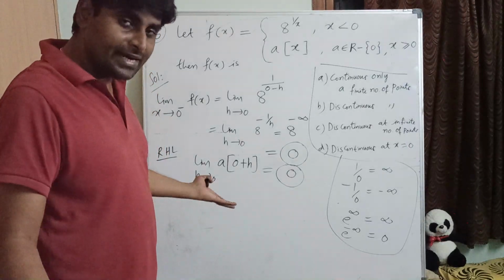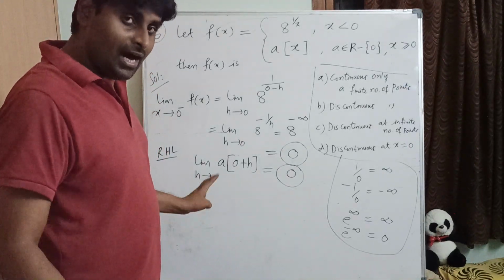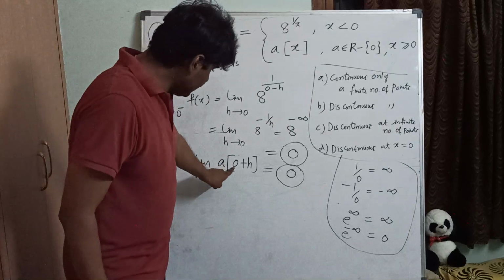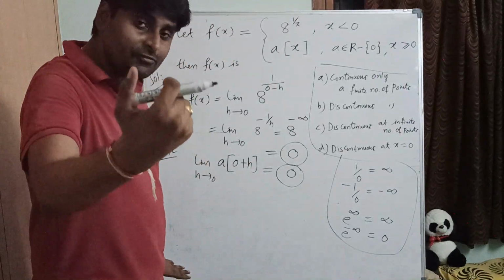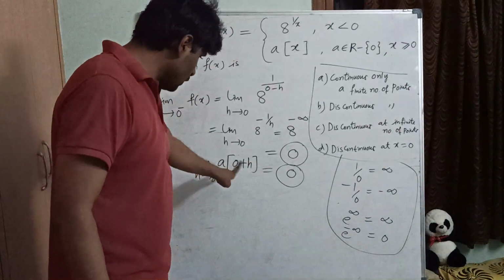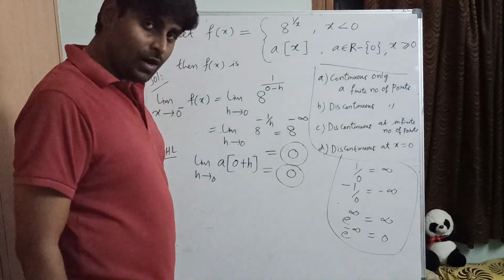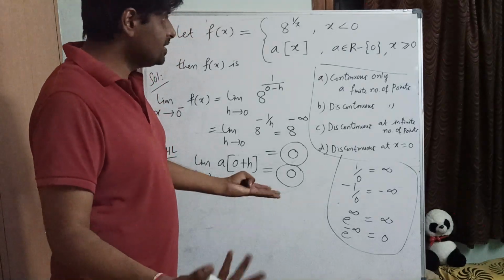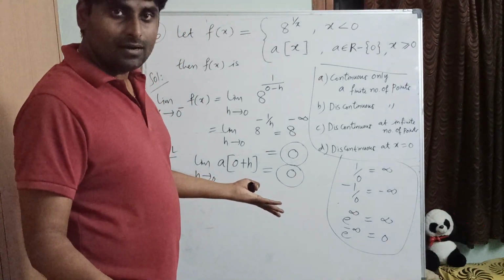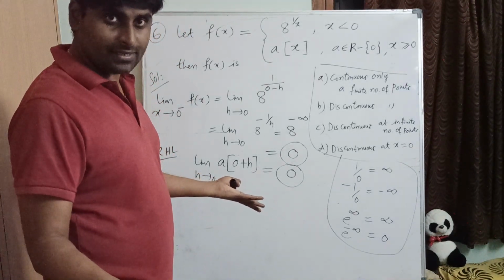That means, is it continuous or not? Yes, at 0 it was continuous. But suppose you substitute 1, then what happens? 1 plus h, 1 plus something, step is 1, so 1 into a. What is a? Question mark. Correct?